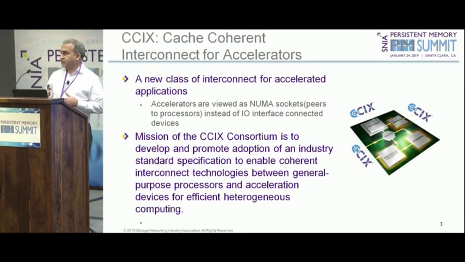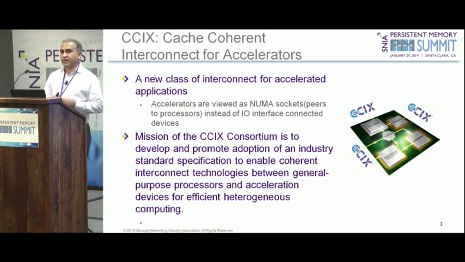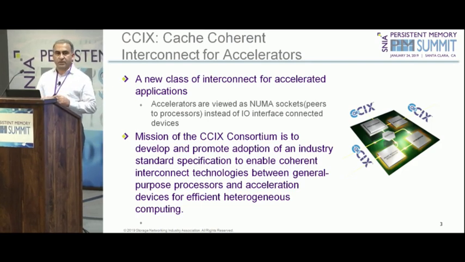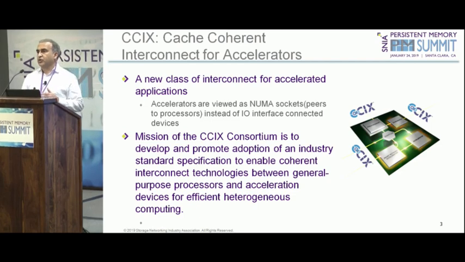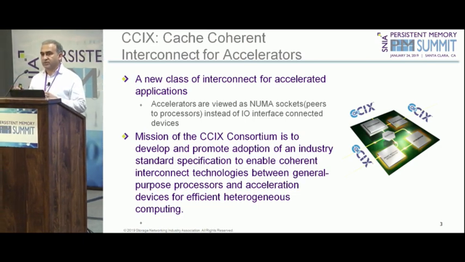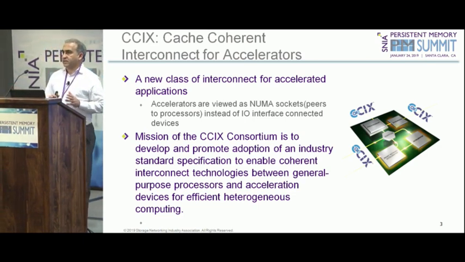As you looked at some use cases today, the idea is that it now makes sense, looking at the needs of the platforms, to evolve these peripheral devices instead of being just an I/O device where they have their private memory and there's an overhead of data movement, to make them more like a CC NUMA socket, where they become peers to the processors. So that's the idea behind CCIX.